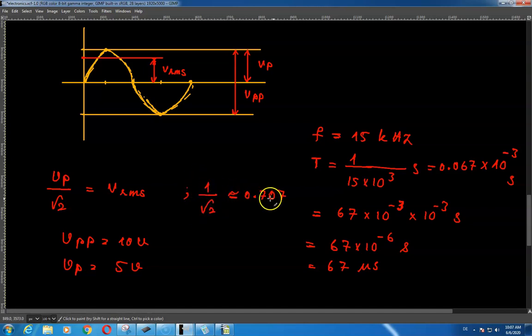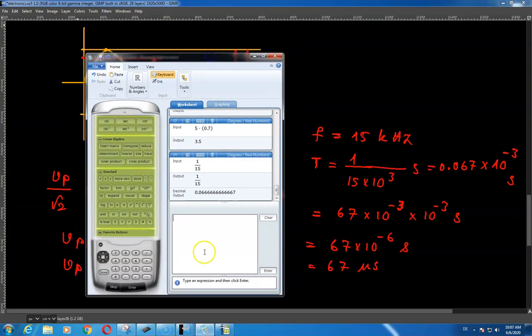1 over square root of 2 is something like 0.707, which is something like 70%, or 71%. So if you calculate 71% of your V of P, it's going to be your RMS voltage, meaning you have 5 volts V of P and multiply it by 0.71.